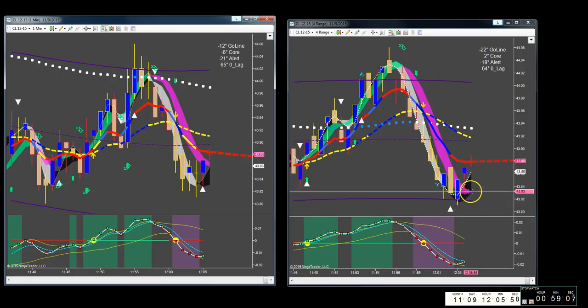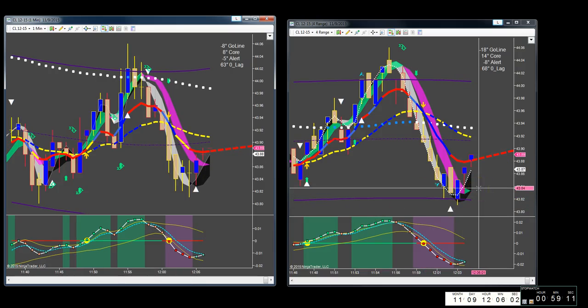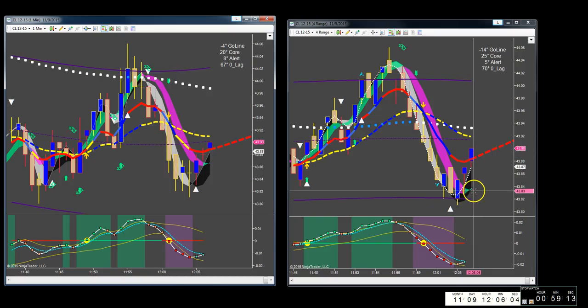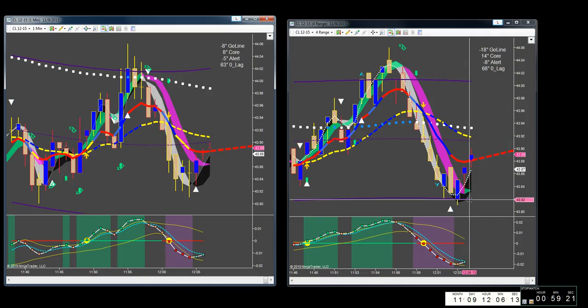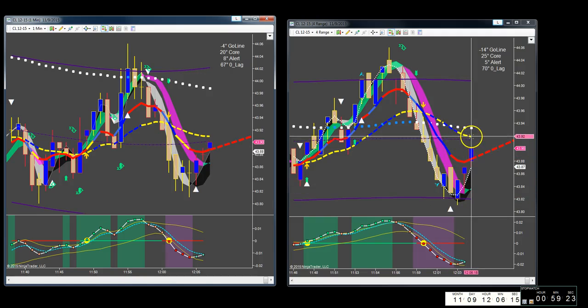All right, we got a hint that this is turning. Yes. That's nicely positioned right there at the bottom edge of the PRC. Yep. The goal line starting to curve up.